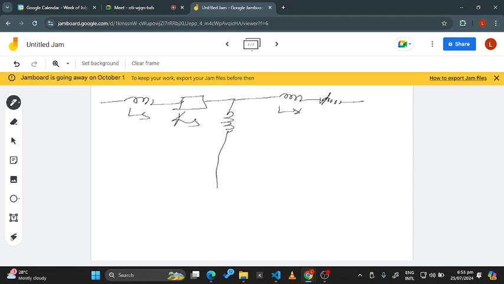Oh, sorry, this should be everything. So this should be a resistance, R over what? Okay, now this is our equivalent circuit. This L_S.